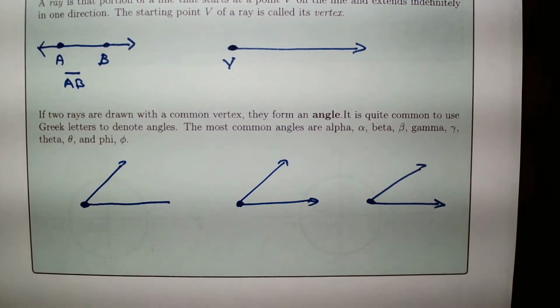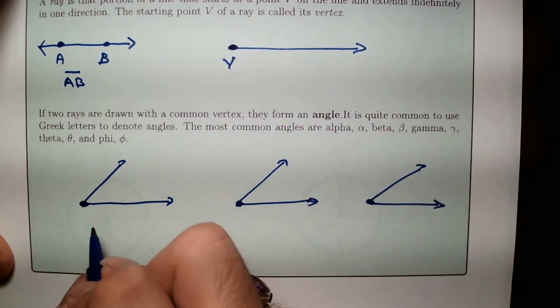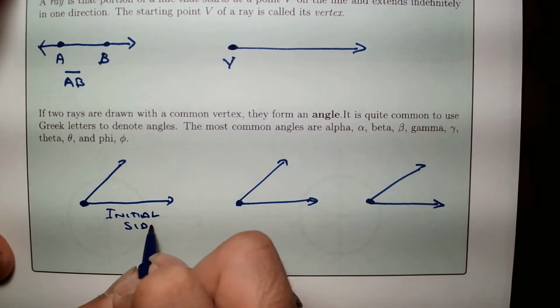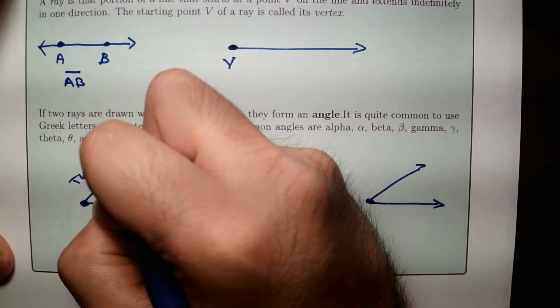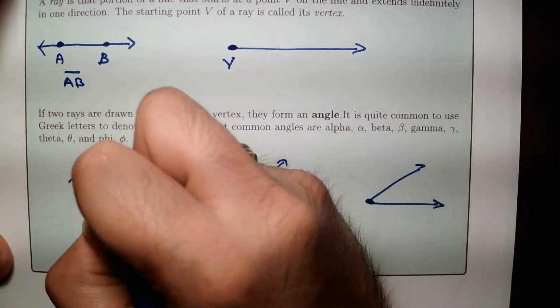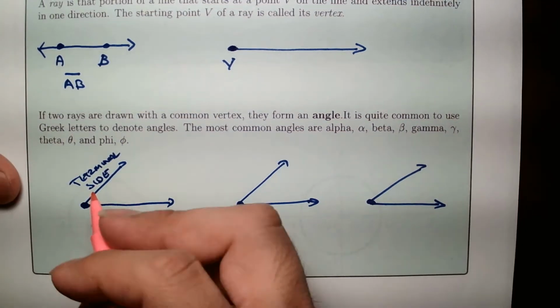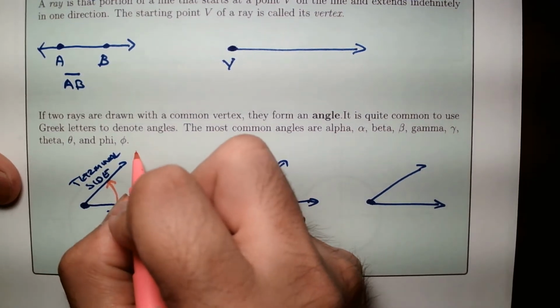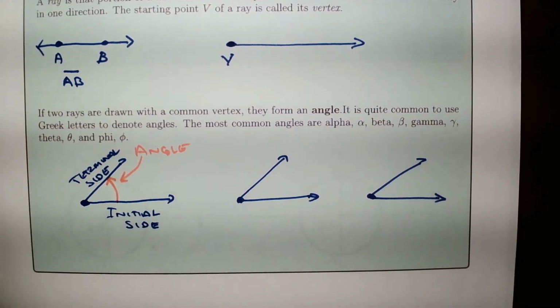We are going to call this the initial side, and terminal side. And the space that is formed in between the two rays is called the angle. That's the angle. That's the space.